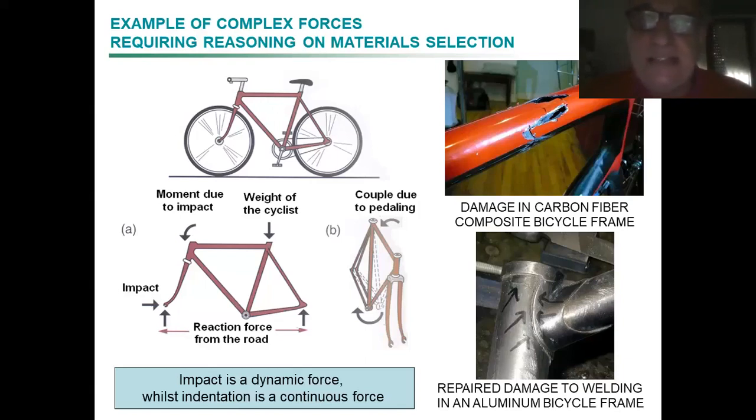We are interested, of course, in material science a lot in damage. Here you are shown some examples of damage in carbon fiber composites, and also in an aluminum bicycle frame, damage close to welding.